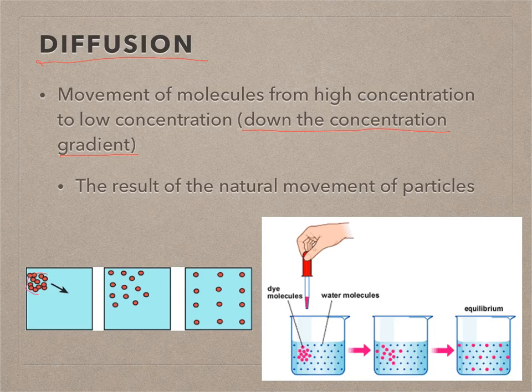Right here when it first goes in, this is pretty concentrated, but over time they start spreading out until eventually they get equally distributed throughout the entire solution, just like with this dropper of dye. They put a drop of dye in this solution. It's very concentrated in this area when it first goes in. Over time it starts slowly dispersing till it gets equally distributed throughout the beaker of water.